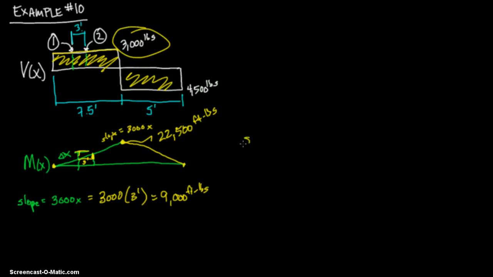Remember, and hopefully you remember this from way back in the day, slope equals rise over run. Our rise is we're going up 22,500 foot-pounds, and we're running 7.5 foot.